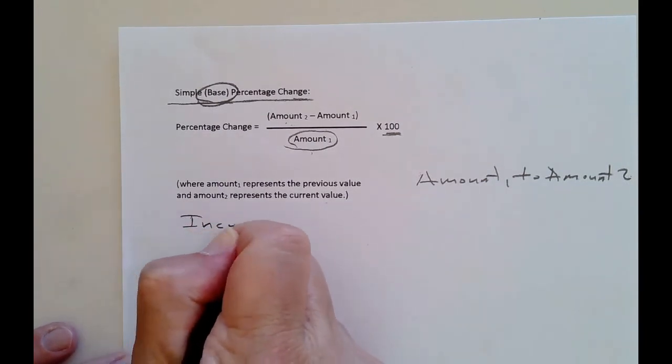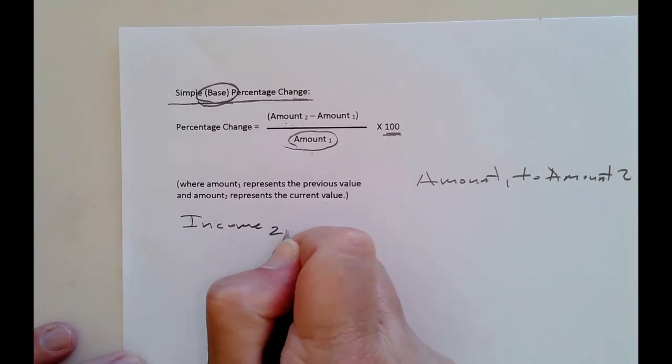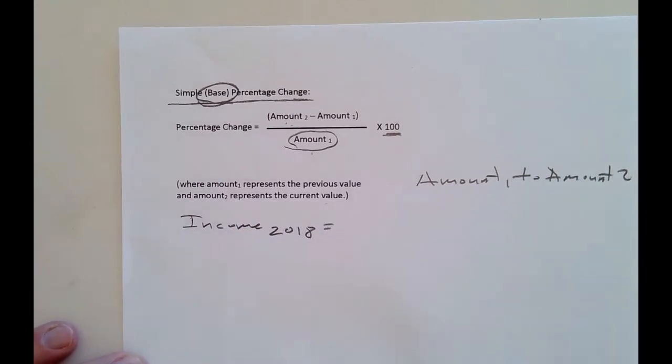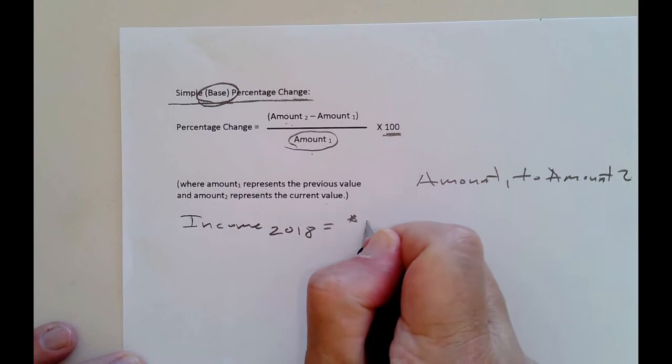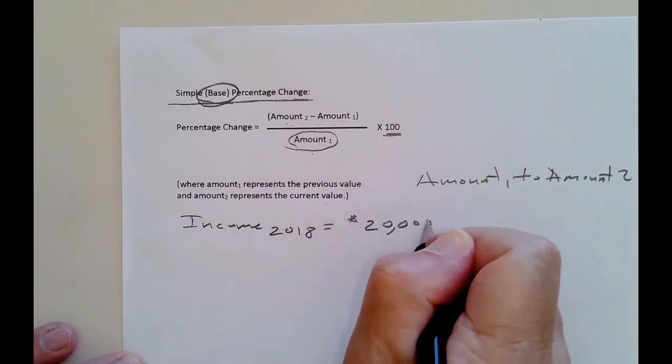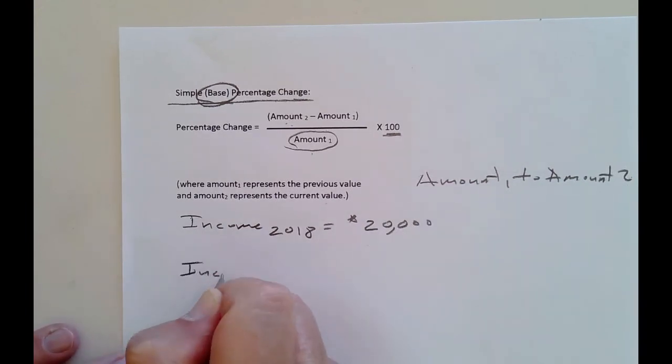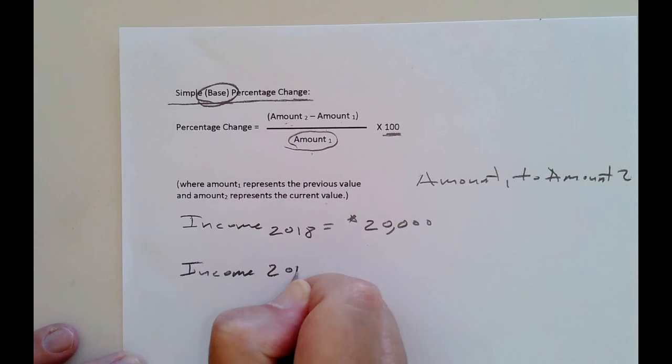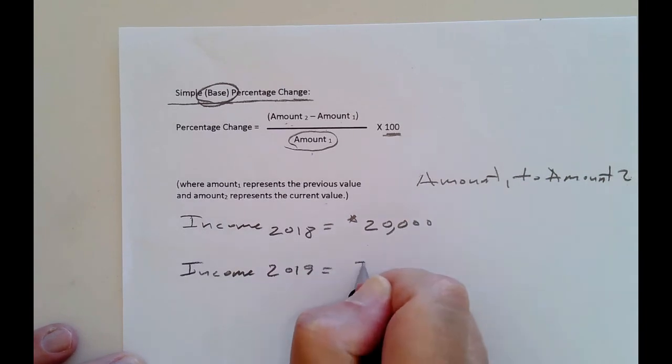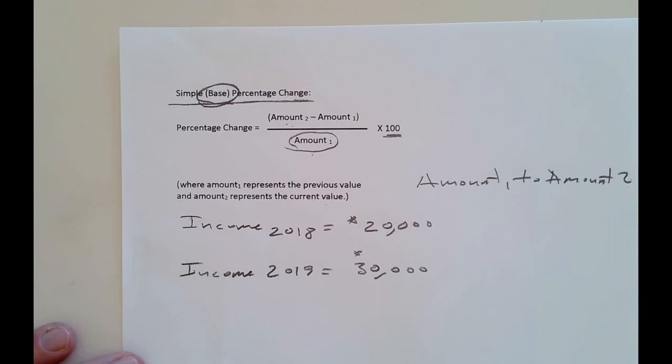Let's say your income in 2018 was, I'll just make up a number, say $20,000. And then your income in 2019 was, say, $30,000. And then the question is, what is your percentage change in your income?